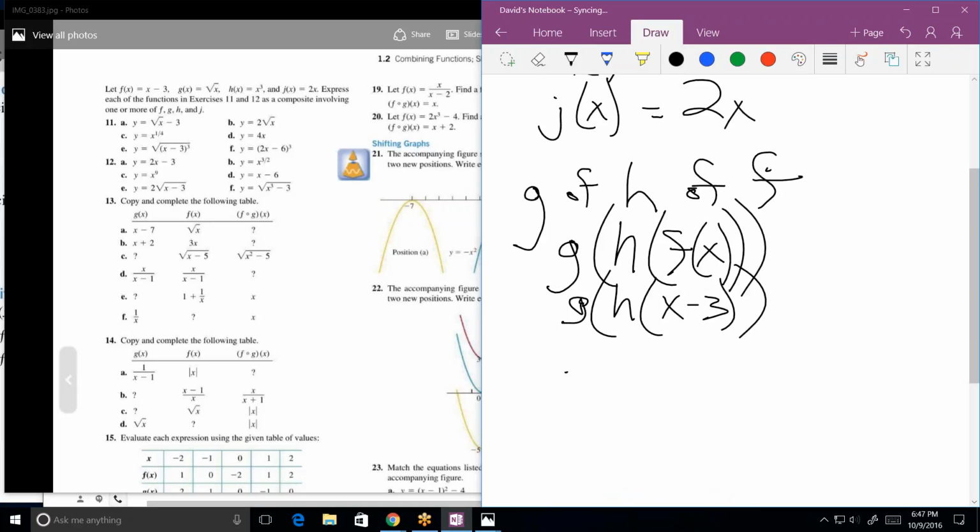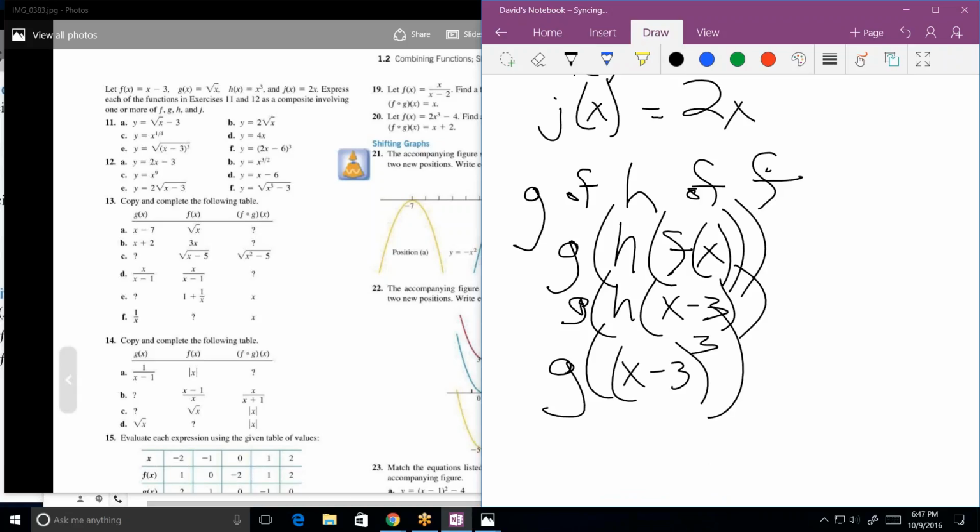So now we're taking g of x minus 3 to the 3rd power. And what is that? Then that'll make it the square root of x minus 3 to the 3rd. Exactly. And that's what we're looking at.